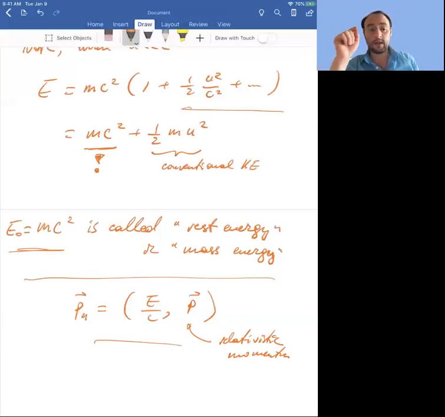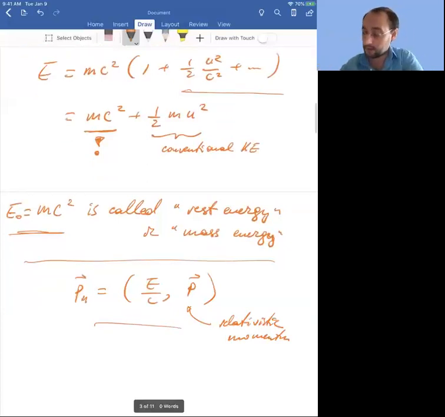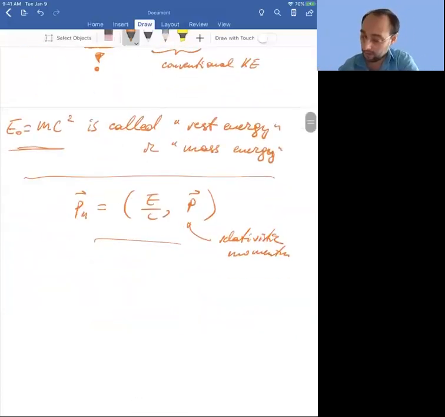However, as with any four vector, there is an invariant quantity. And I gave you an example, some generic four vector A that has parts A naught, A1, A2, A3. What would be the invariant? Minus A naught squared plus A1 squared plus A2 squared plus A3 squared. Well, here you go. Here's a four vector.